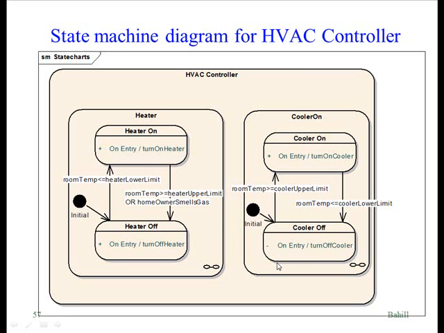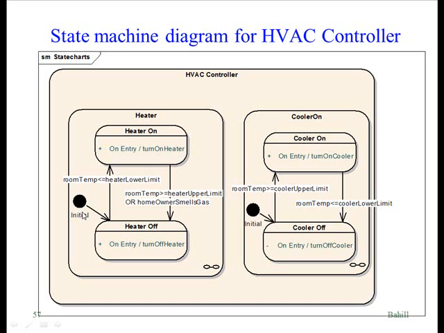The modeler specifies the initial state. You are creating this system, so you're going to define what should be the initial state for the system. So to show that in a state chart, we usually use this black dot.